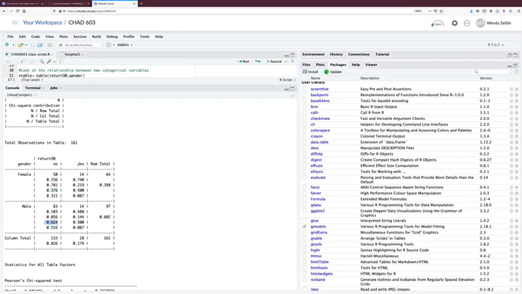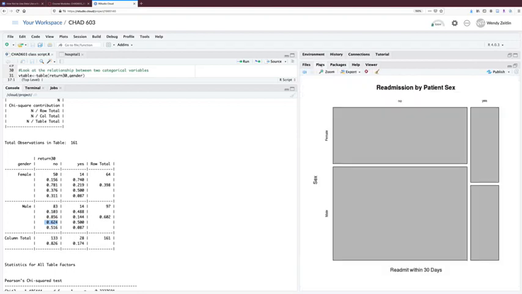And as we saw in our mosaic plot, half of those readmitted were female and half readmitted were male, and 82.6% of the sample were not readmitted within 30 days, and 17.4% were.